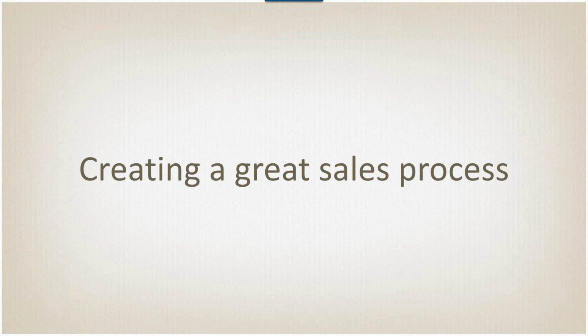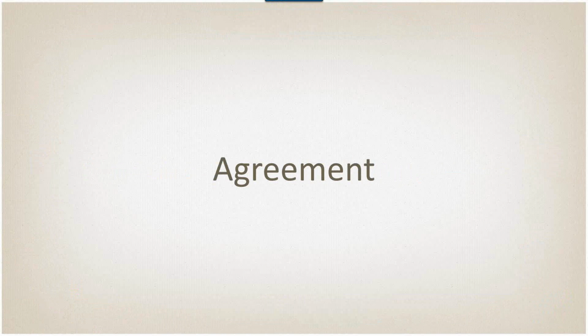So let's talk about creating a great sales process. The first thing that you have to do is get agreement. If you get into a discussion with any company, if you have more than one or two people or more than one or two groups of people, what you will find is you have 1, 2, 3, 4 different ways of doing the same thing.